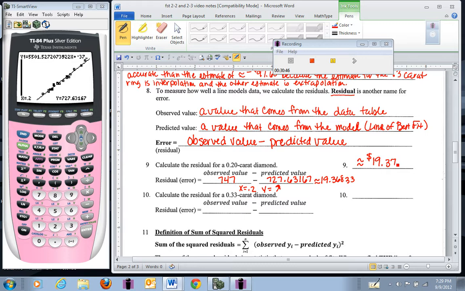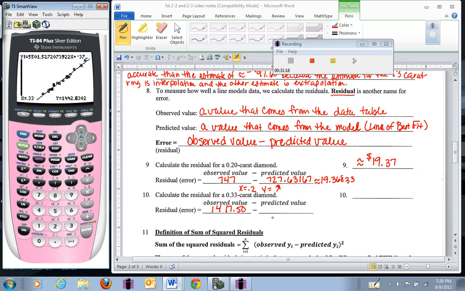Alright? Now we're going to do the same thing for a 0.33 carat diamond. So again, go to your chart and locate the 0.33 carat diamond. If you need to pause this and grab your paper and do that, you can. The observed value should be $1,417.50. Okay, now we're going to go over here to our line of best fit and type in 0.33.